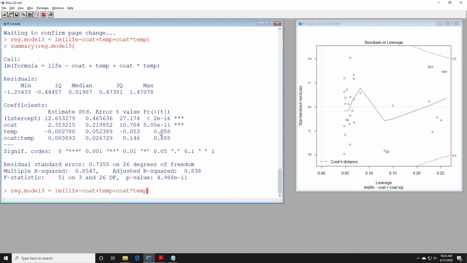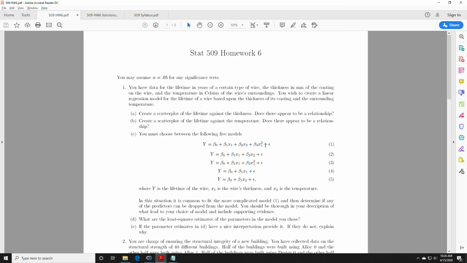So what I'm going to do here is redo the problem. And as I've said, let's pretend, ignore that this is even an option. Let's pretend we started with this. We've got our two predictor variables, coding, thickness, and temperature.